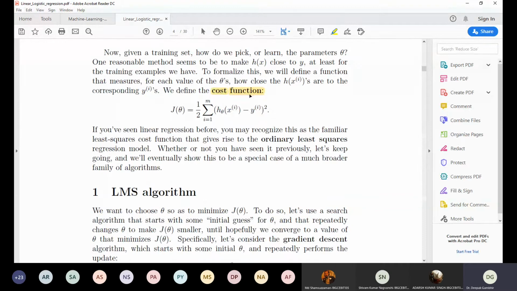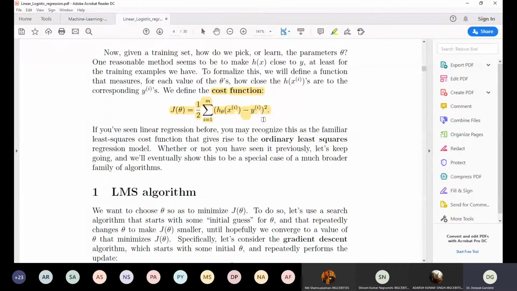For this we have taken the cost function, which is given as half of the summation from i equals 1 to m of h theta of xi, the input, minus yi, the corresponding output of the ith example, whole squared. That is the summation of squared values, also known as the mean square error, but we are not considering the mean here, so we can say sum of squared errors.